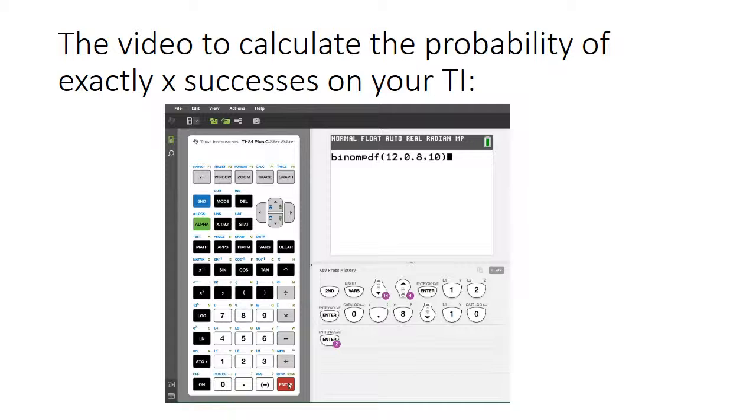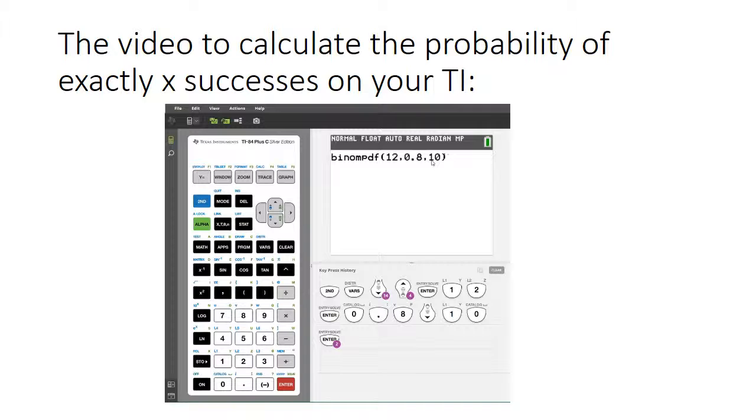Now, if you have one of the calculators that did not prompt you with number of trials, P, X value, you will just type in binom PDF. You will just do second vars to get your binom PDF, and you will have an open parenthesis. Then you need to know what order to fill in your number of trials, comma, your probability of success, comma, the specific number of successes that you want to know a probability for.